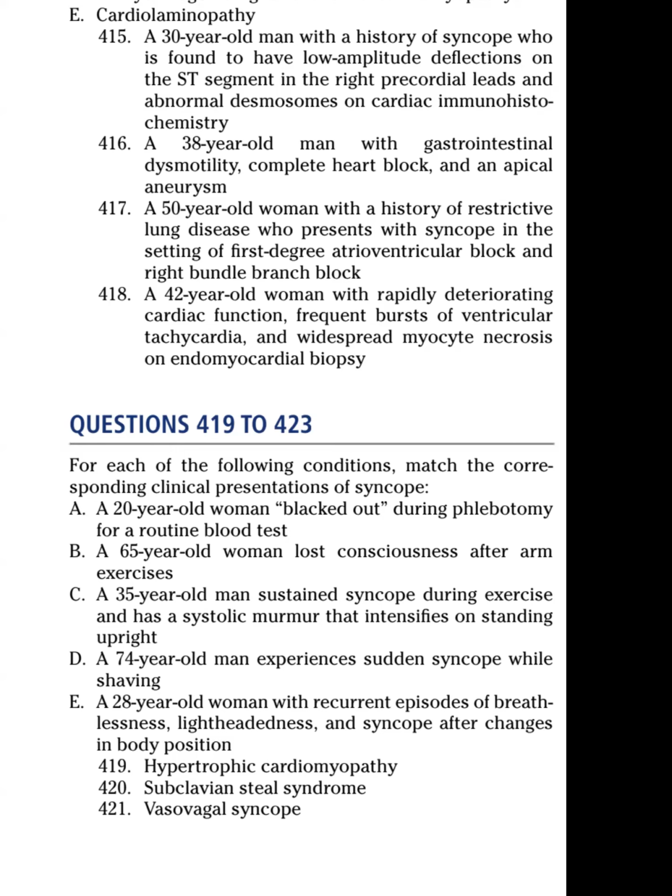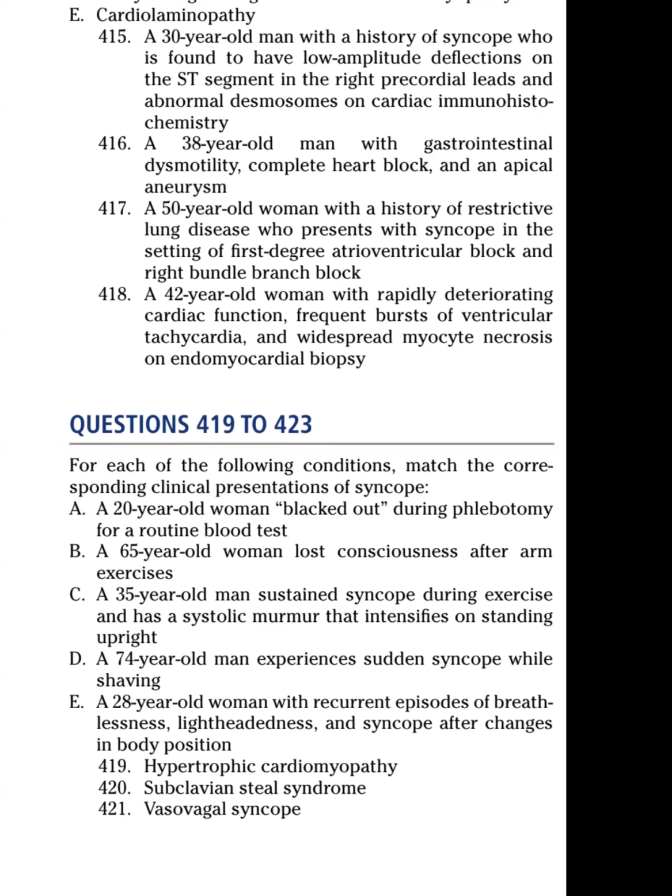So in 419, it's on hypertrophic cardiomyopathy. If we look at all the options in hypertrophic cardiomyopathy, what is cardinal in them is that we'll find that it's during exertion or exercise, and then the murmur is accentuated when we listen.